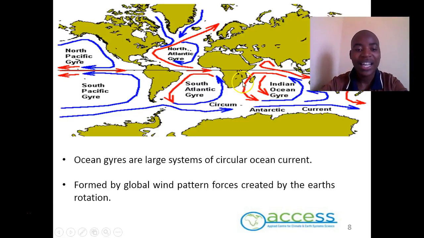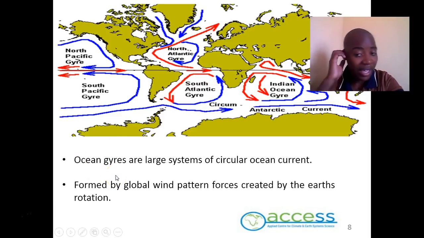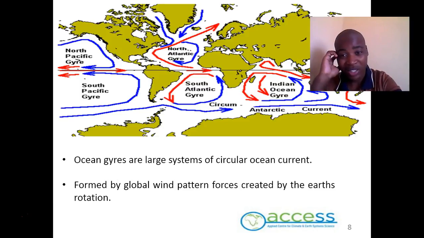Ocean gyres are large systems of circulating ocean currents which are formed by global wind patterns and forces created by the Earth's rotation, which is the Coriolis force.